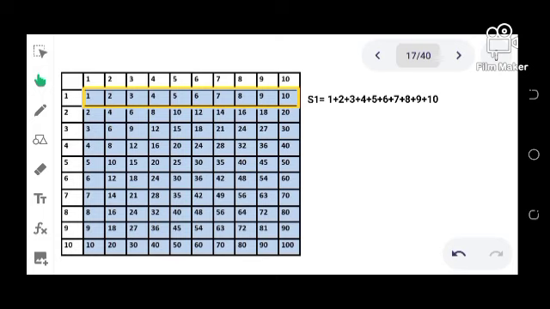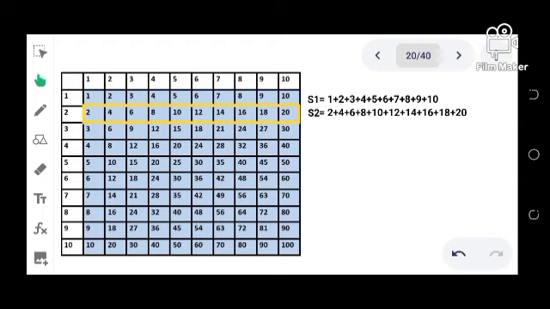Now this time, let's consider the second row and label the sum as S2. We add all the entries in this row. We have 2 plus 4 plus 6, and so on until 20. But one thing that you will notice here is that 2 is common among all the addends for S2.